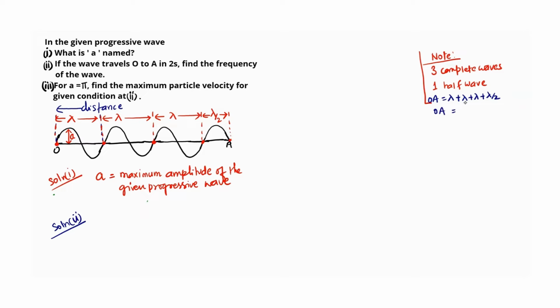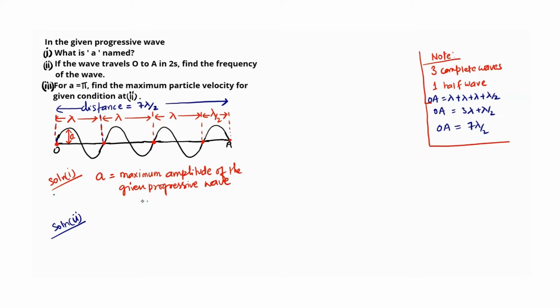We get OA equals 3 lambda plus lambda by 2, so OA equals 7 lambda by 2. So the distance OA equals 7 lambda by 2. Clear? This is to be noted.